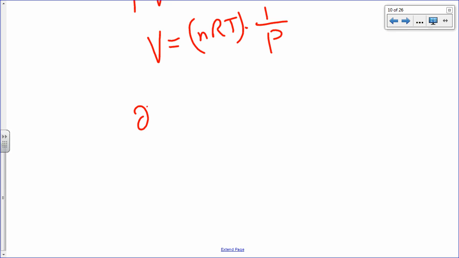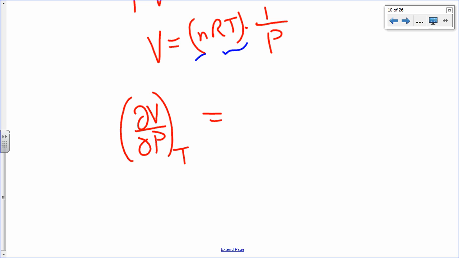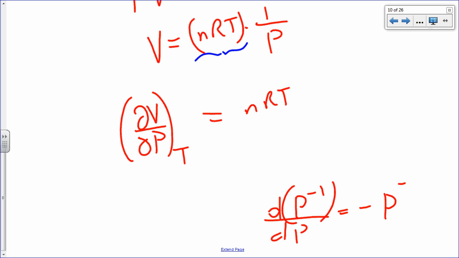What's the partial derivative of volume with respect to pressure at constant temperature? n, R, and T are taken as constants, right? What's the derivative of P to the negative 1? It's going to be negative P to the negative 2. So that's going to be times negative 1 over P squared, right?